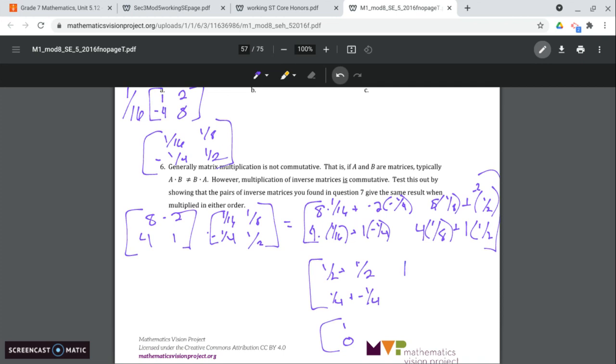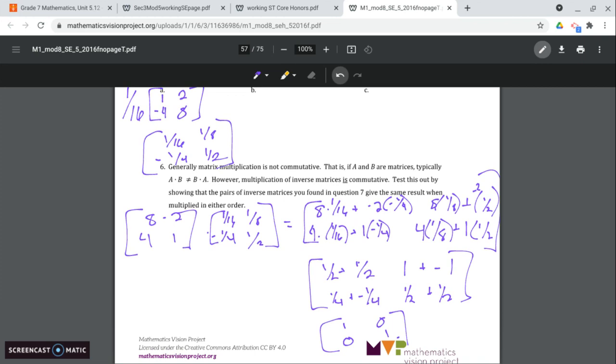Then 8 times 1/8 is 1 plus negative 1, because negative 2 times 1/2, which is going to give us 0. And then 4 times 1/8, which is 1/2 plus 1/2, which gives us 1. So it does give us the identity matrix.